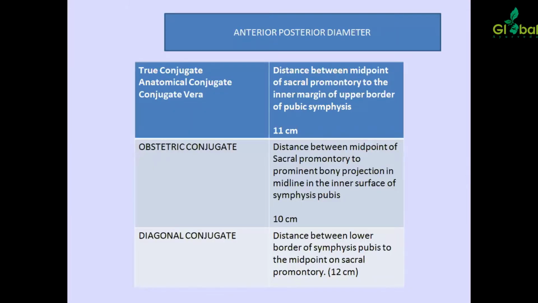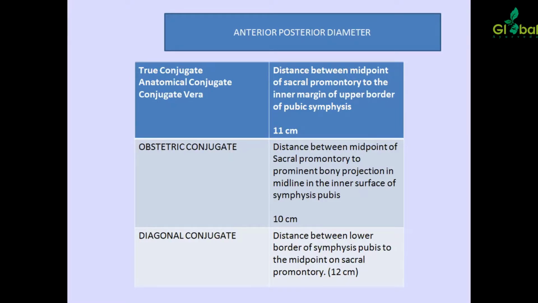Then coming to the diameters of the pelvic inlet, there are mainly three types. First, the anteroposterior diameters. True conjugate, anatomic conjugate or conjugate vera, is the distance between the midpoint of the sacral promontory to the inner margin of the upper wall of the symphysis pubis, and this is 11 centimeter.